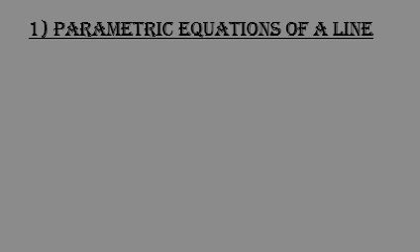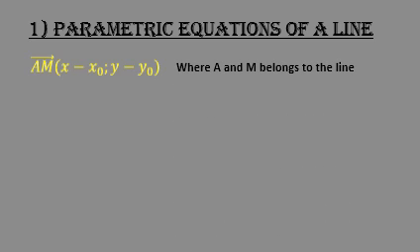And now let us make a quick revision of what we have explained in the first video. First, we are going to remember how I form the parametric equations of a line. We said that in order to create a parametric equation, first you should have a vector AM where A and M belong to this line.